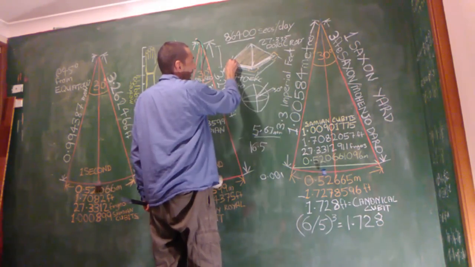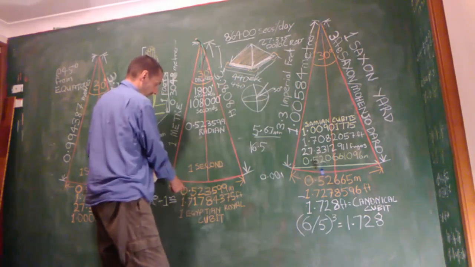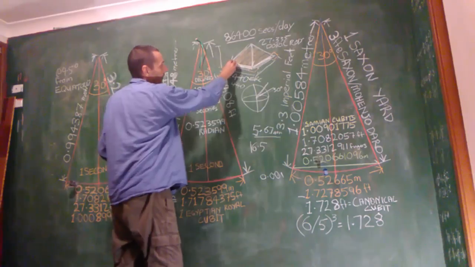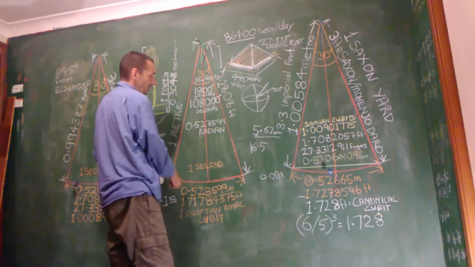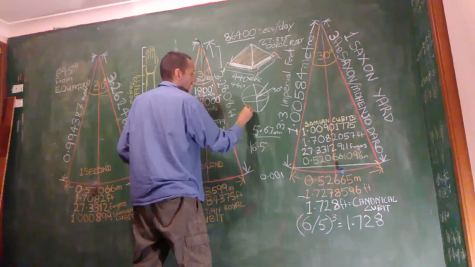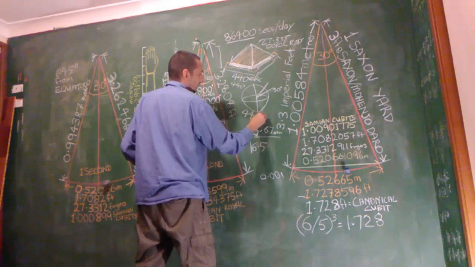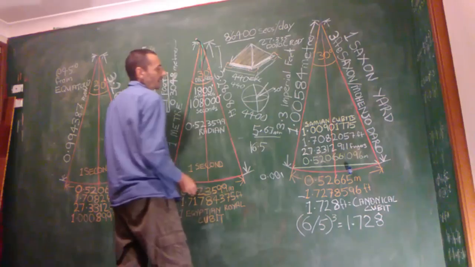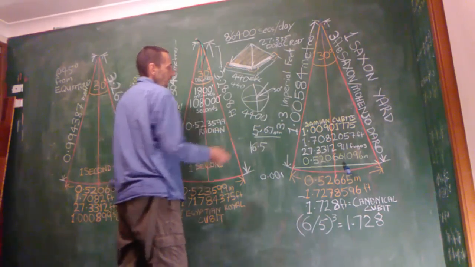Well, Egyptian royal cubit times 440 equals the base of just the pyramid. Egyptian royal cubit times 4,400 equals the distance that the Great Pyramid is short of exactly 30 degrees north.